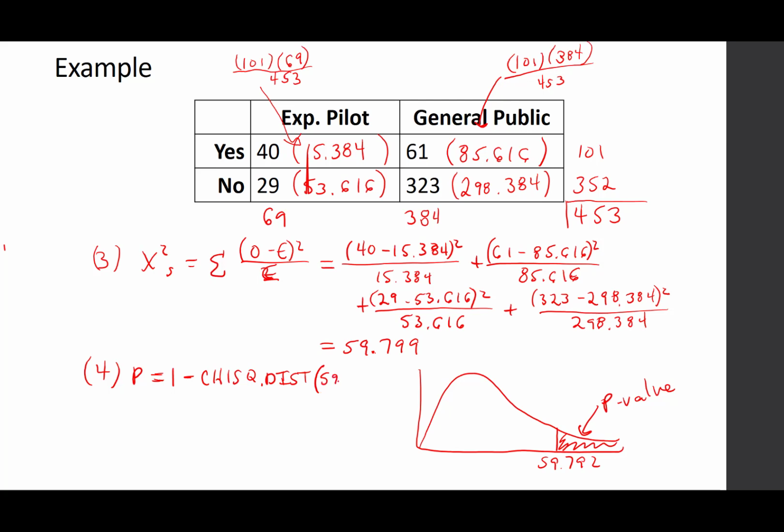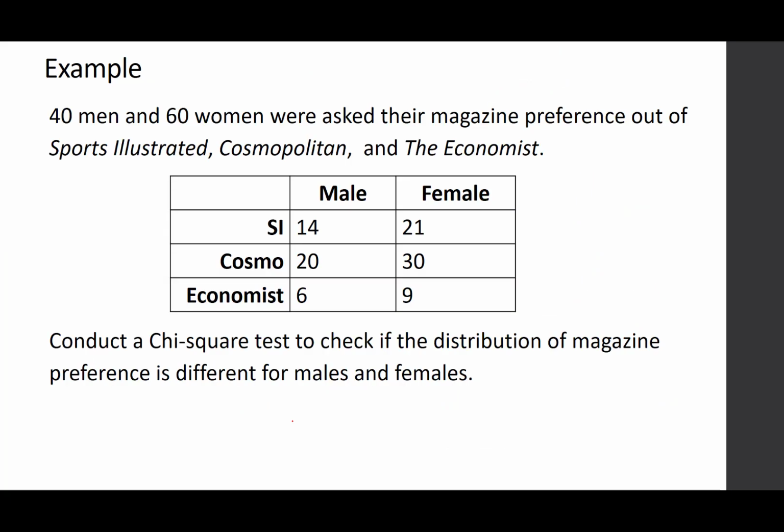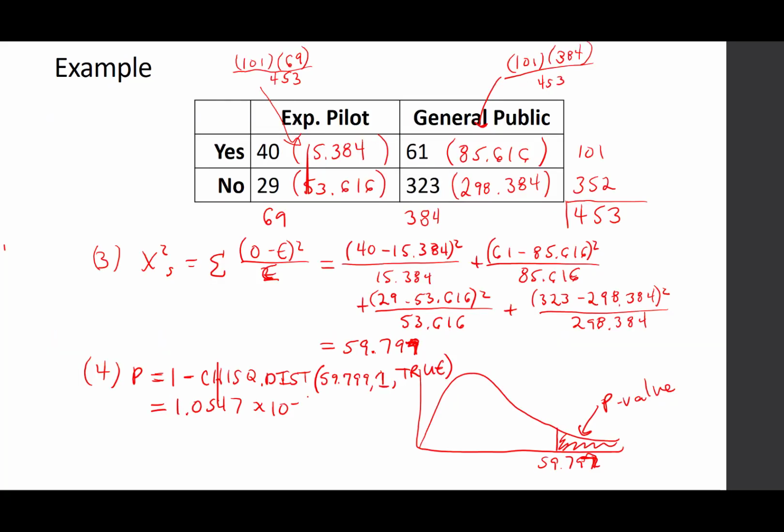It's going to take our number of interest, 59.797, the degrees of freedom, which we just computed to be 1, and the cumulative equals true option. And that is going to give you 1.0547 times 10 to the negative 14th. A really teeny tiny p-value.